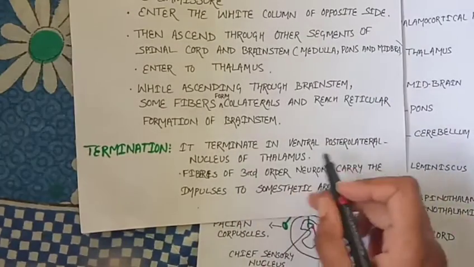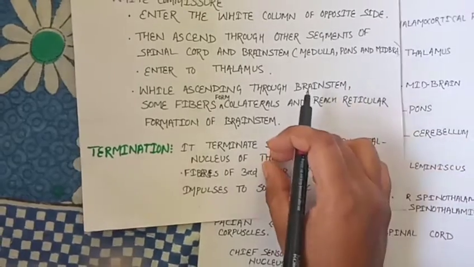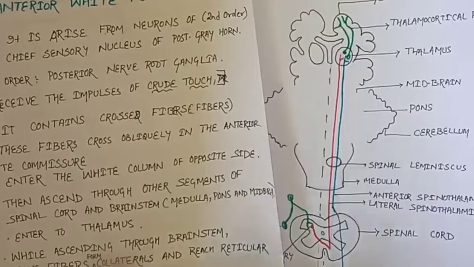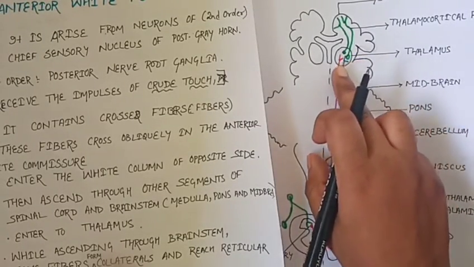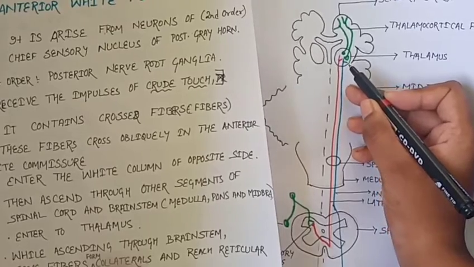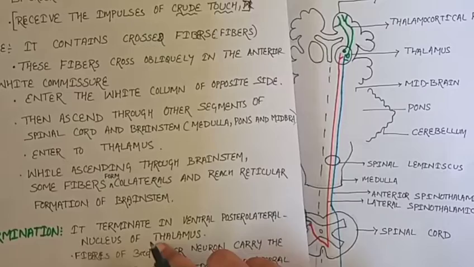This means that in the thalamus there are many types of nuclei present, and the nucleus where it terminates is known as the ventral posterolateral nucleus.